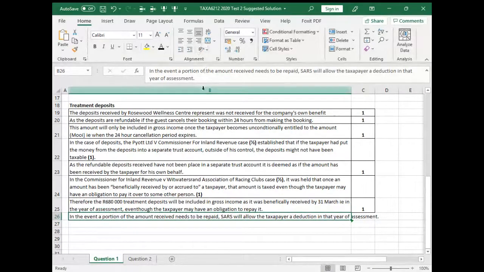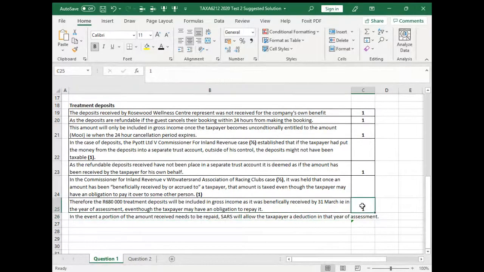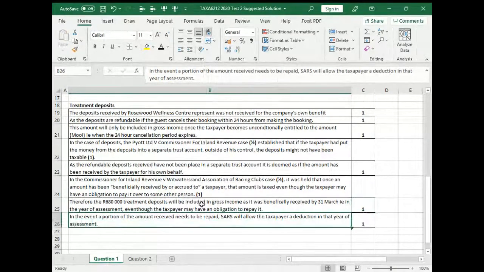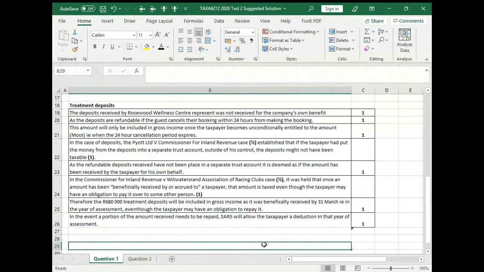Because then you actually haven't received it at that stage, and you would be allowed an additional deduction. So this is more or less what you had to write down to get the marks for this type of question.